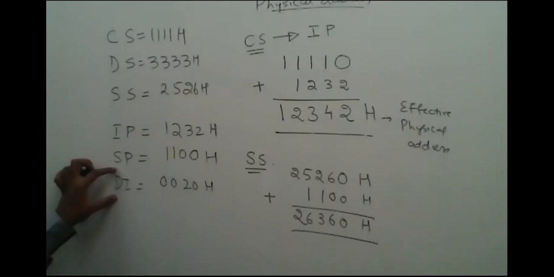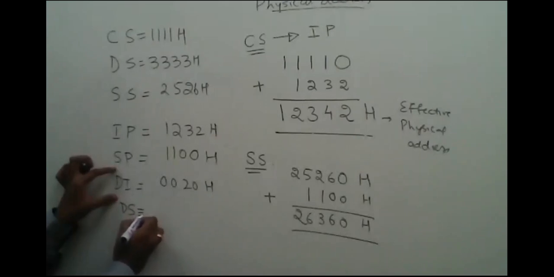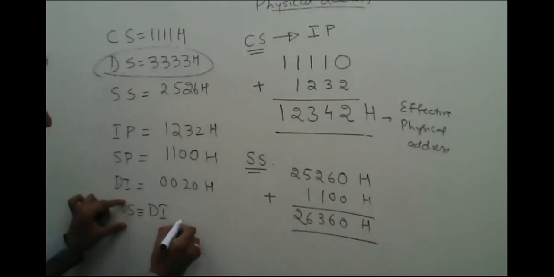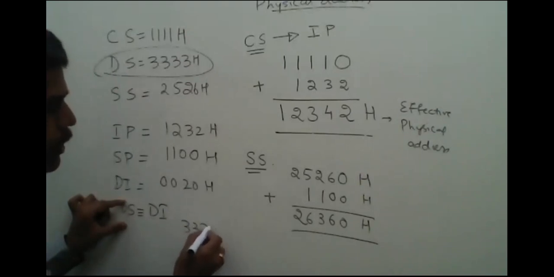Now, similarly, can we repeat this for the data segment? The data segment's corresponding offset register is the destination index register. Now, the data segment is holding 3333.